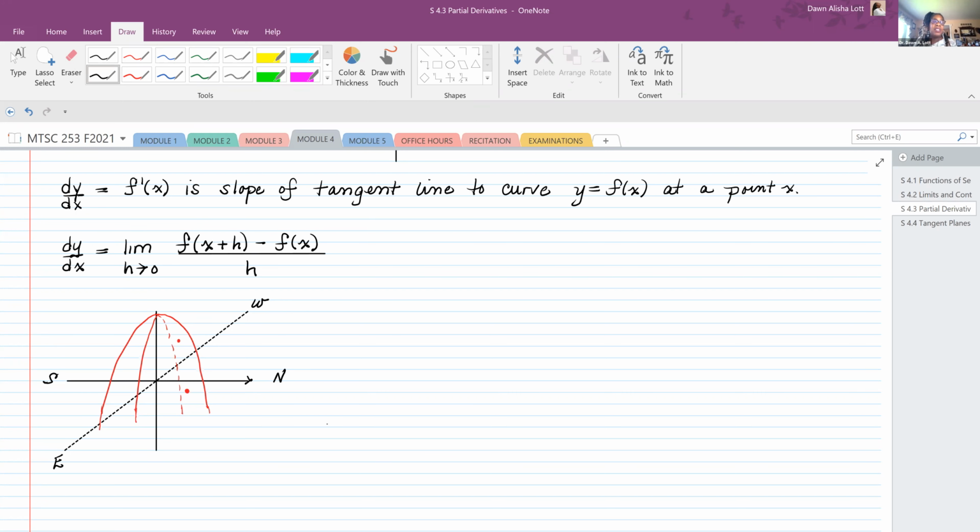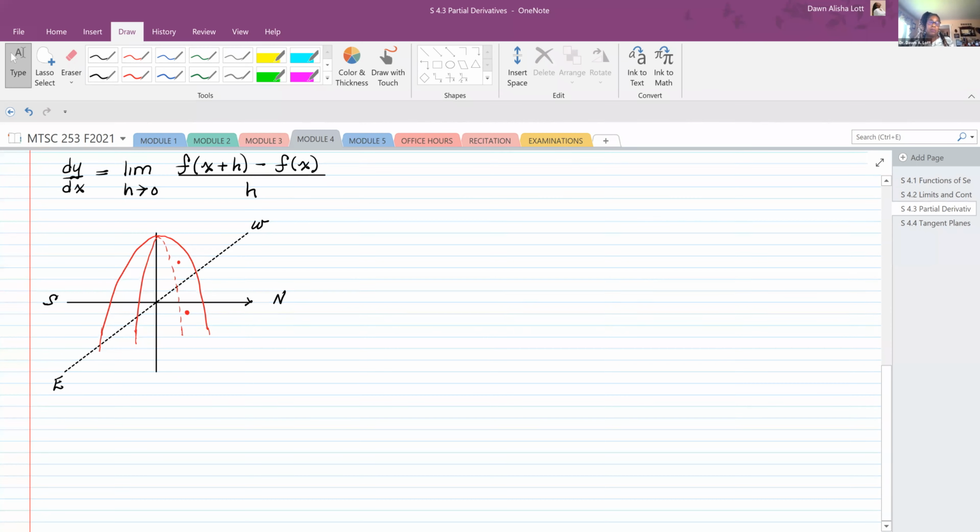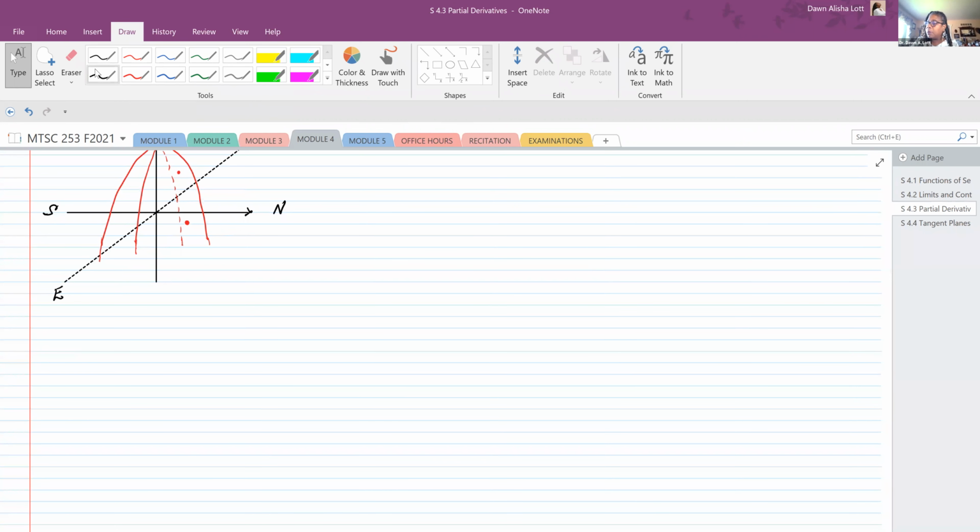So it's going to make a difference whether I'm trying to find the slope in the x direction, where if I'm walking in the north direction, I'm not worried about which x I'm looking at. I'm only going in the north direction, not worried about x. Or if I'm walking in the east direction, I'm not worried about what is happening in y. I'm only walking in x. So that's where we get partial derivatives from. So now I want to let z be a function of x and y.